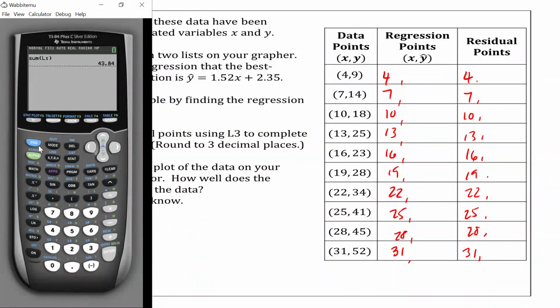So we went second stat, we went over to math, and we said we want to find our sum, and then second L5, what's the sum? So our sum value would be this. Okay, that's the algebra 2 extension of it. Do we need to do that? But I just want to remind y'all that we did do this before, and it's somewhere in your brain. You just have to dig it up.